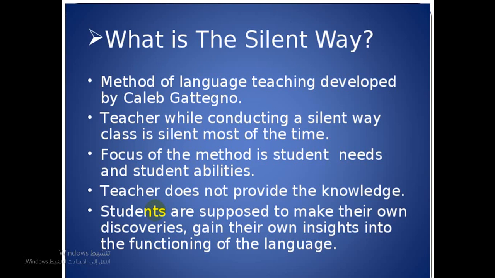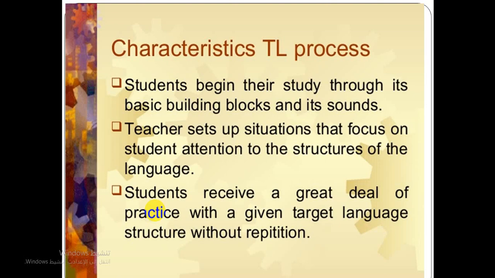No use is made of the mother tongue here. And being silent moves the focus of the classroom from the teacher to the student, and can encourage cooperation among them.